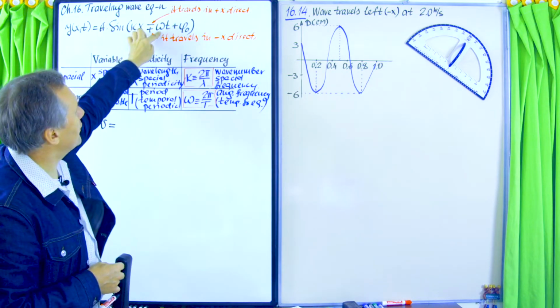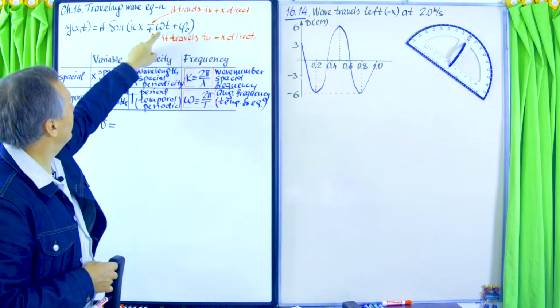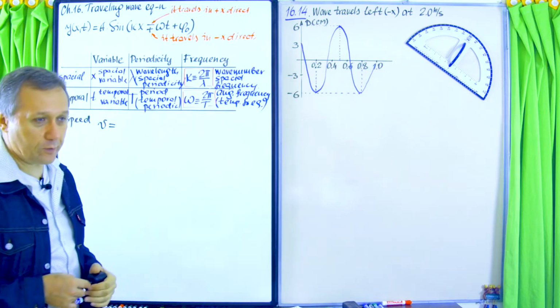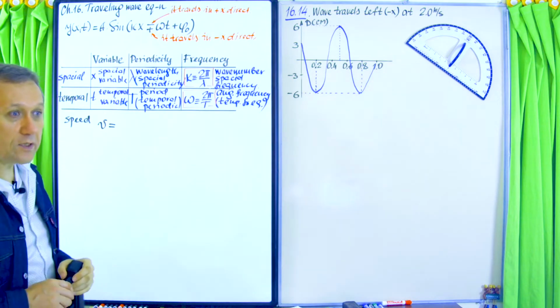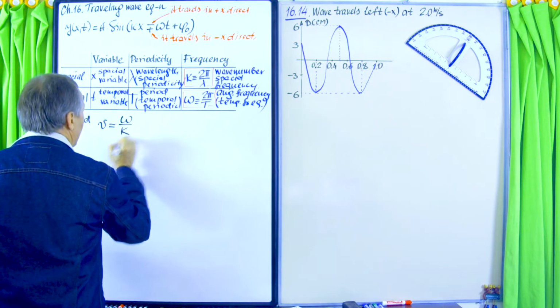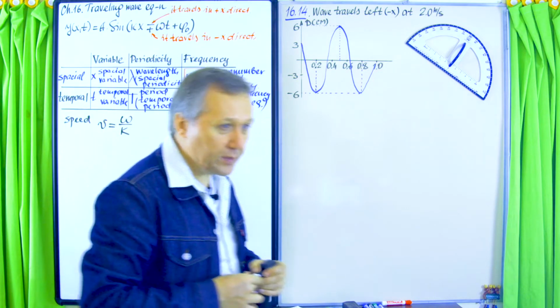So you need to take omega, which is temporal frequency, and divide it by the spatial frequency, right? Temporal quantity over spatial quantity. So that's how we can find speed, omega divided by k. So it's one way of finding speed.